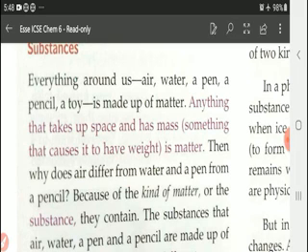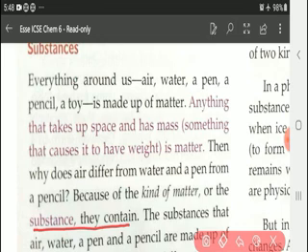Then why does air differ from water and a pen differ from a pencil? That is an important question now. That is because of the kind of matter or the substance they contain.